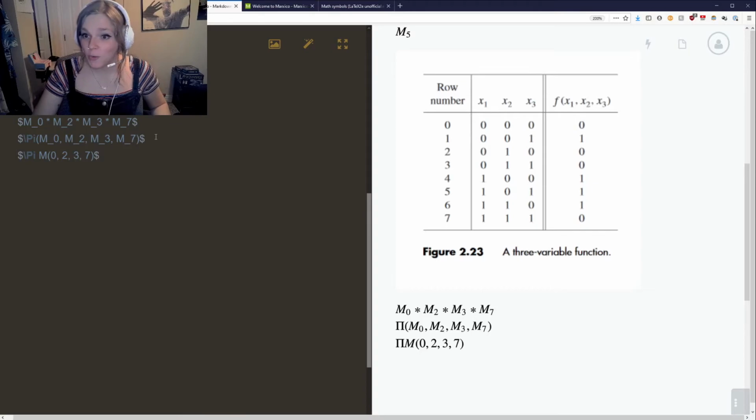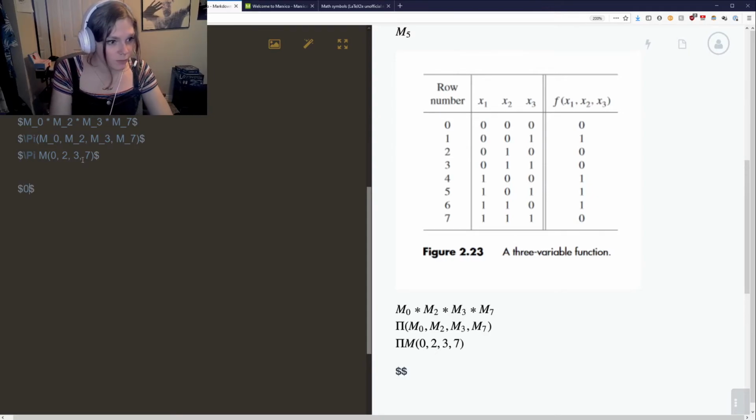Okay. Alright, so how do we turn this? So now we have turned our truth table into the product of max terms. So now we're going to need to turn each of these max terms into a Boolean equation. So we just went over how to do that, but just to review, we'll do this over.